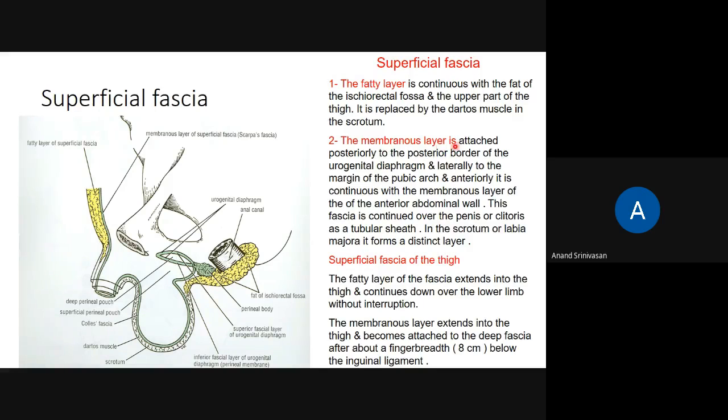This membranous layer is attached posteriorly to the posterior border of the urogenital diaphragm, and laterally to the pubic arch, which you cannot see in this picture.